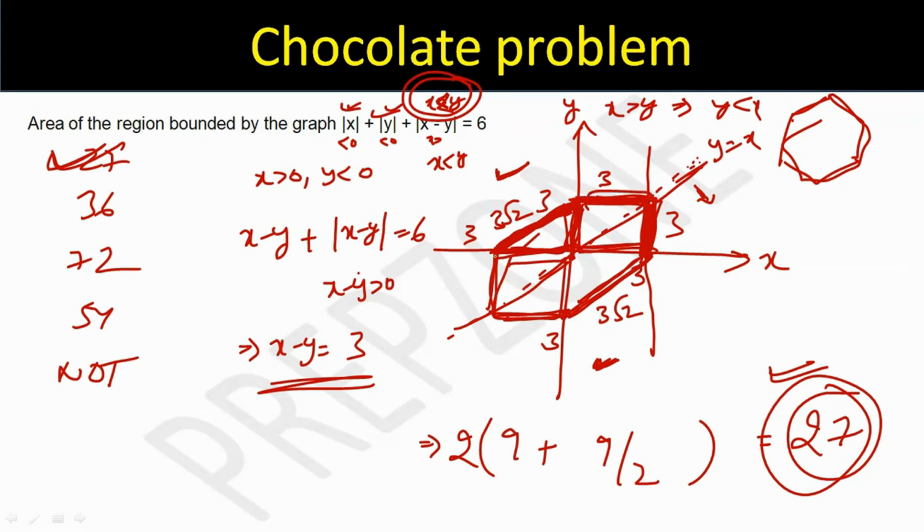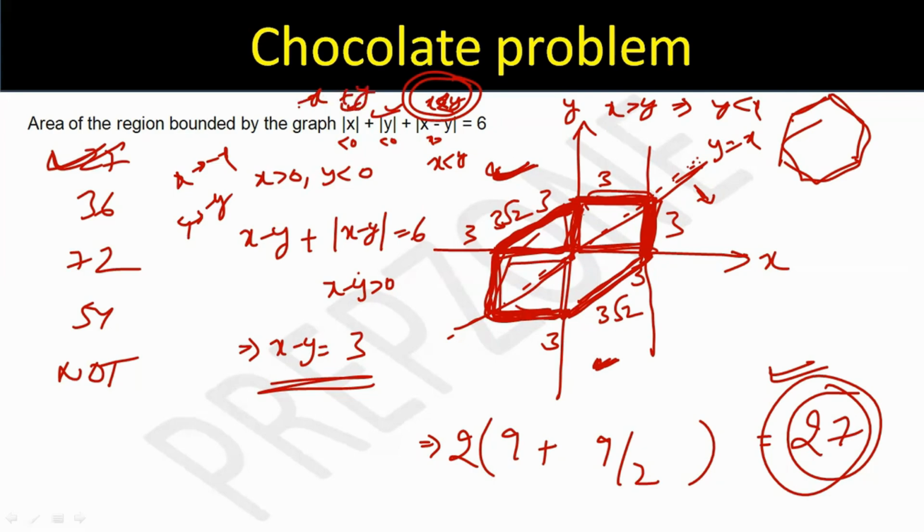Then you can simply take its mirror image because it is a very symmetric graph. If you replace x by minus x and y by minus y, it's going to remain the same. So I've just taken its mirror image. Similarly, you can pick any one quadrant, say the second quadrant: x is negative, so you open this by minus x, y is positive, you open this by plus y.